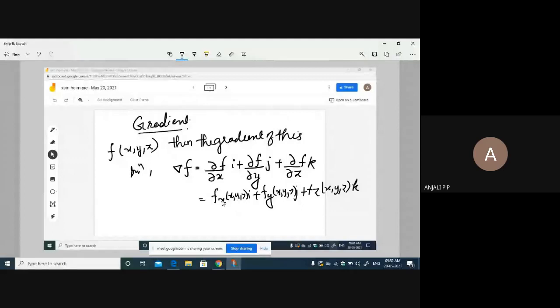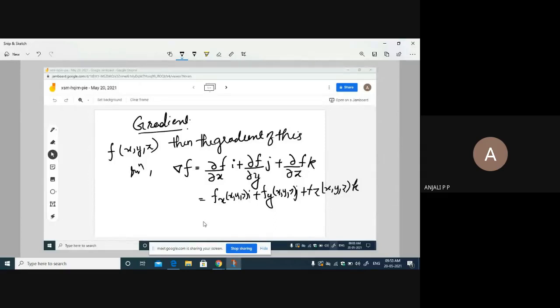And fy means the partial derivative of f with respect to y, and fz means the partial derivative of f with respect to z. So here we are finding the partial derivative of f with respect to x i, plus the partial derivative of f with respect to y j, plus the partial derivative of f with respect to z k. This is the formula for finding the gradient.